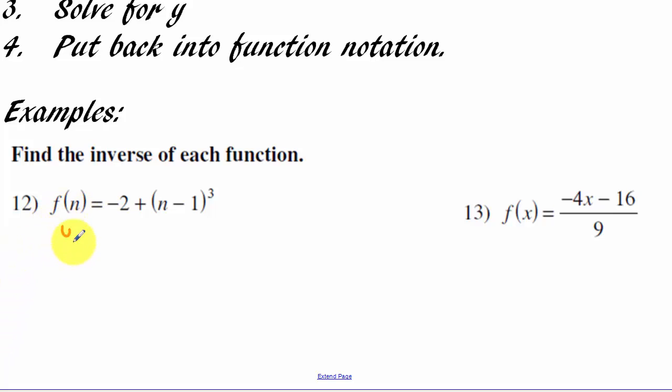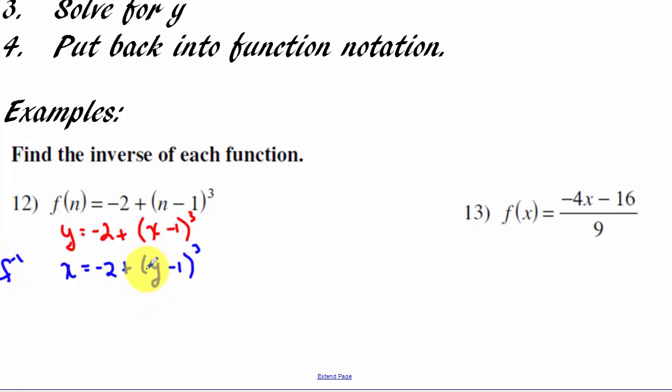So I'm going to write this as y equals -2 plus, I'm going to write this as an x. Now I'm going to change colors because we're going to swap the y for x and the x for y. So this blue function here, this is f inverse.